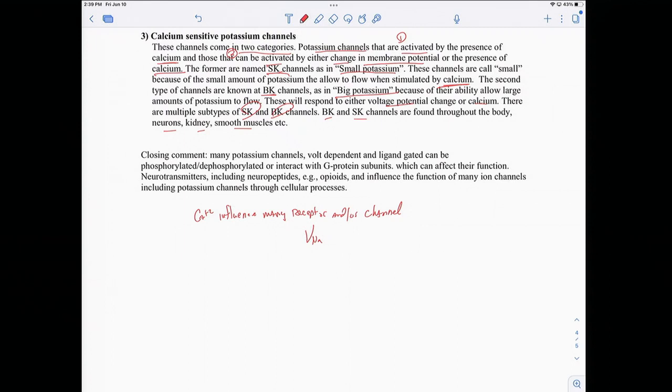So what happens then is that if I have hypercalcemia, in other words, calcium is really, really high, that is going to inhibit these voltage-sensitive sodium channels, make them just ever so slightly more difficult to open up.